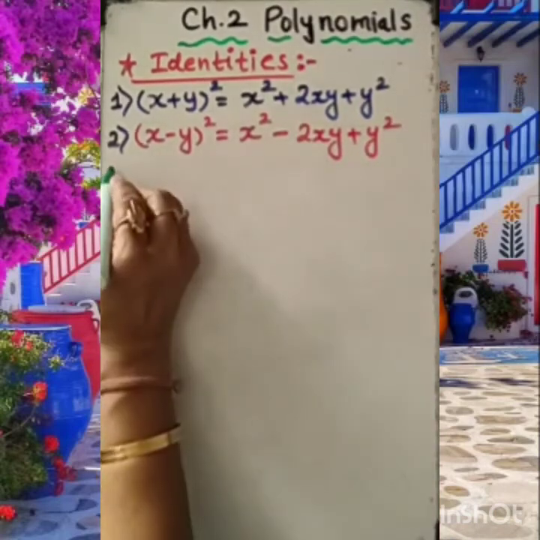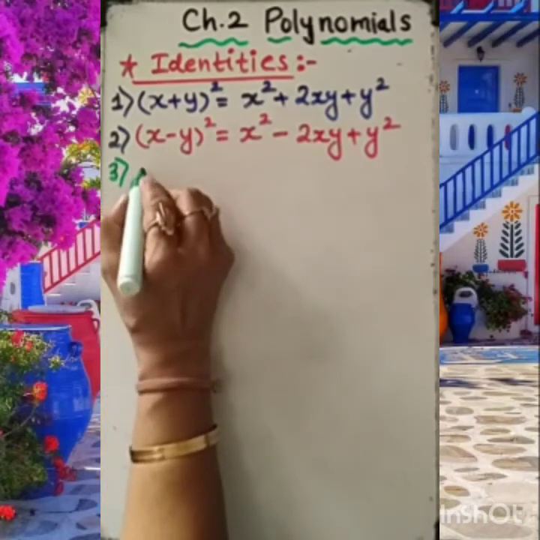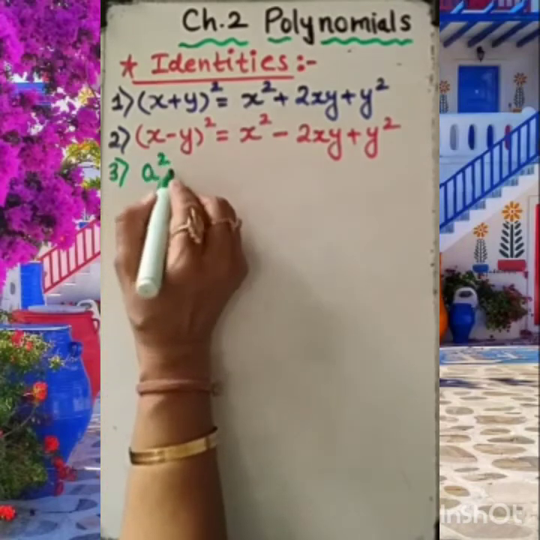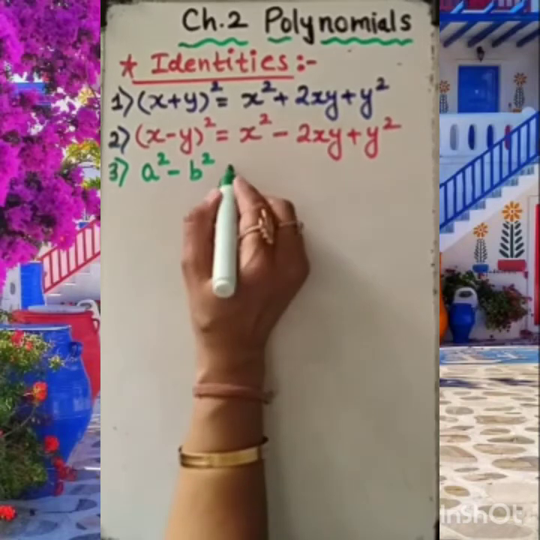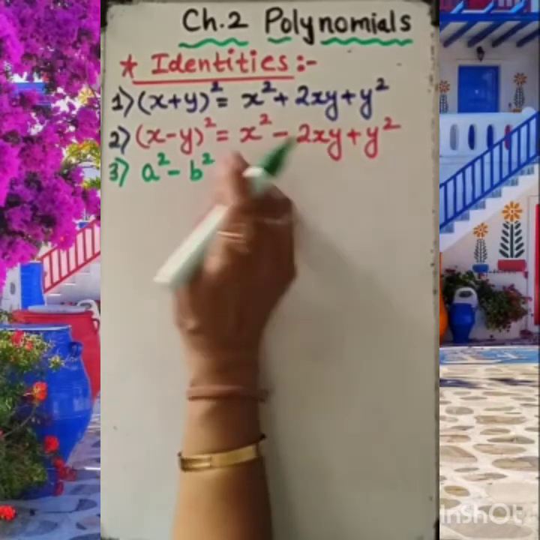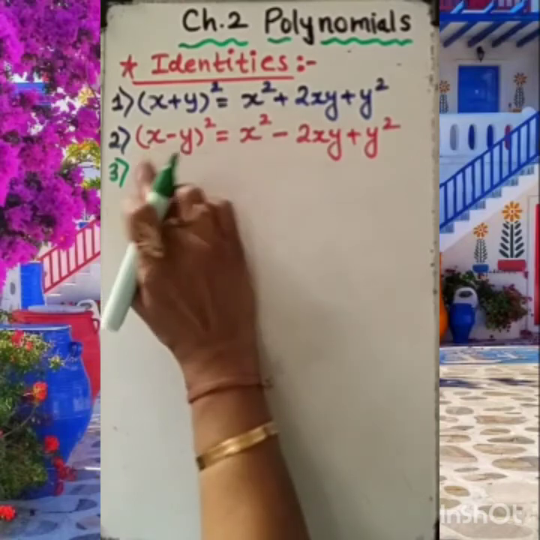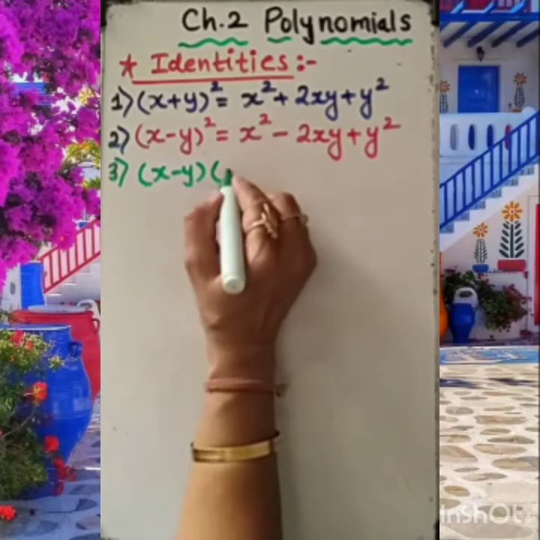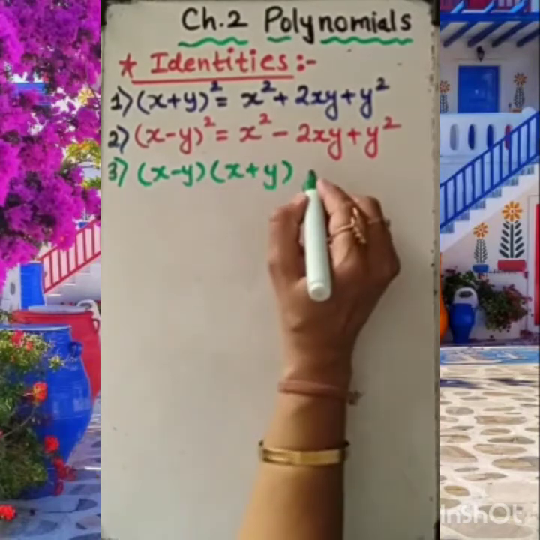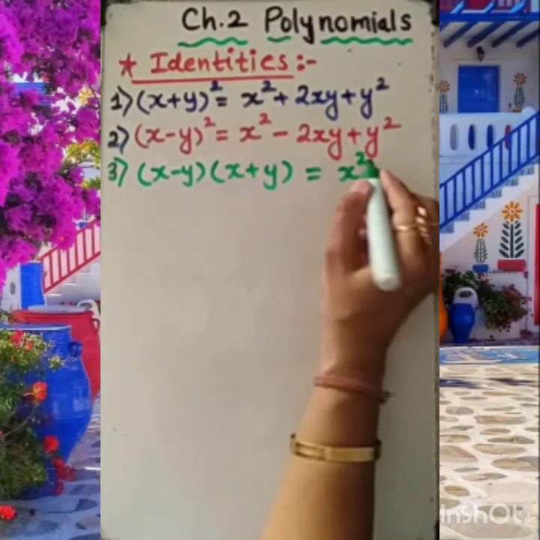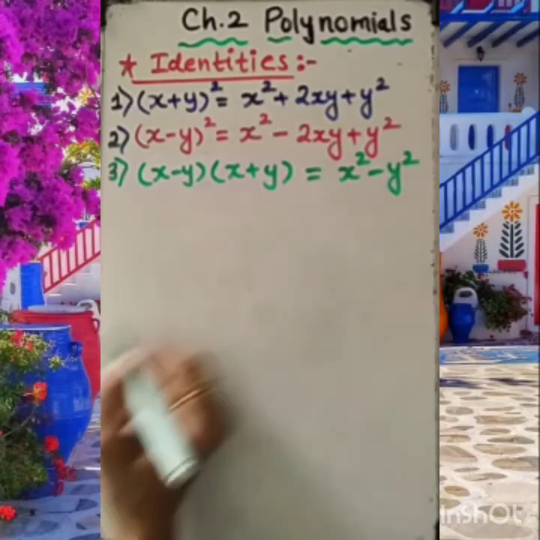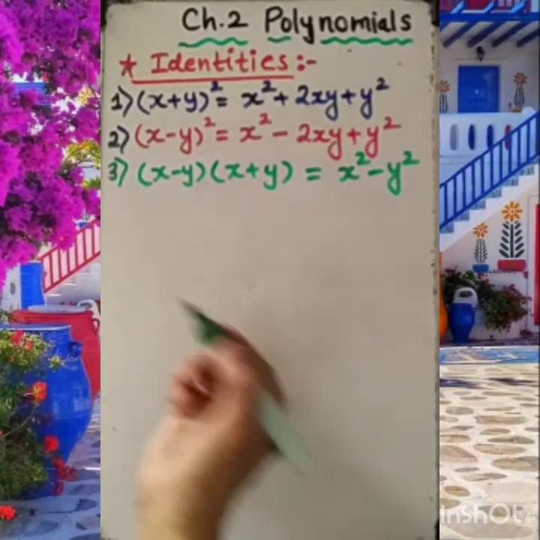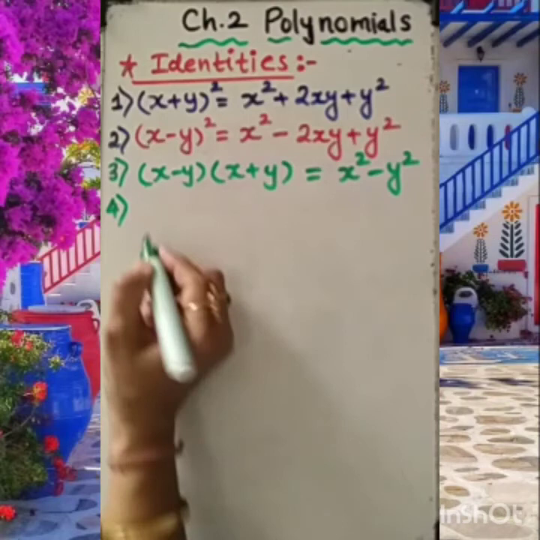This third identity which I am going to write, that also we have already studied. a square minus b square is (a plus b)(a minus b). But here we are using x and y, so I am choosing it this way: x square minus y square equals (x minus y)(x plus y). In place of a and b, I am choosing x and y.